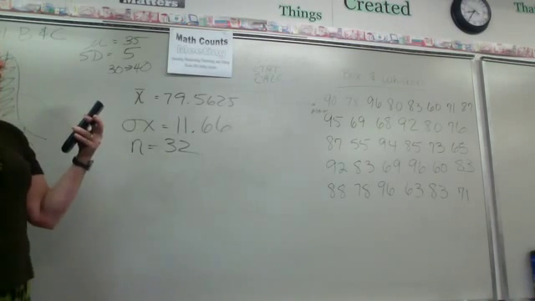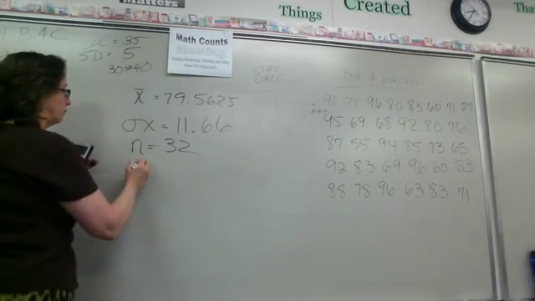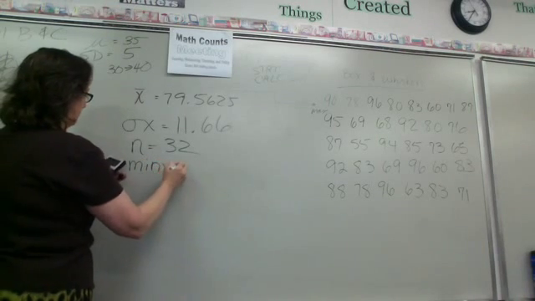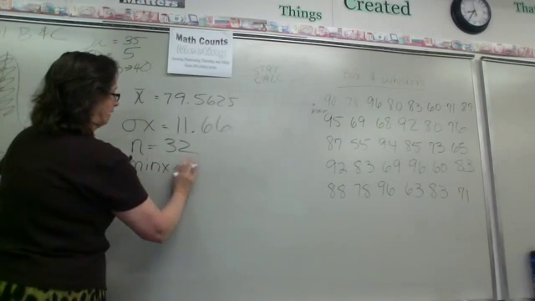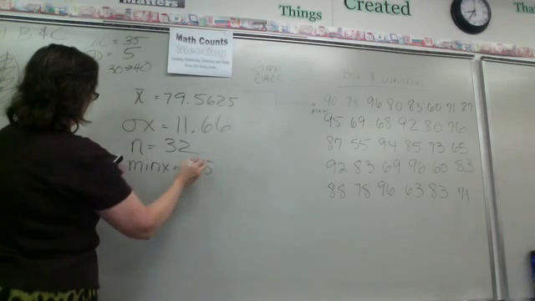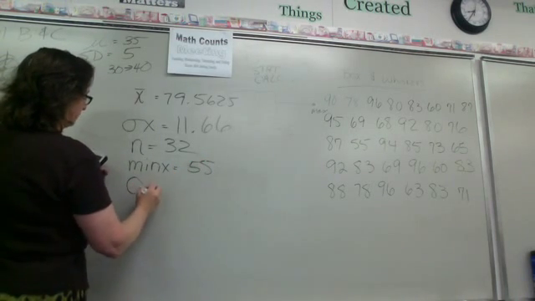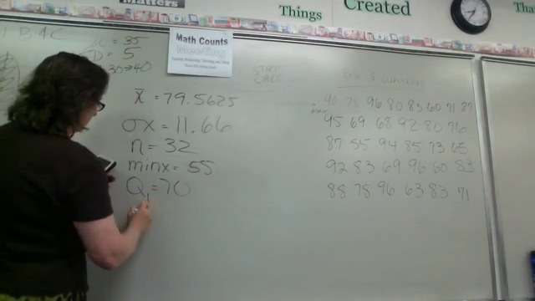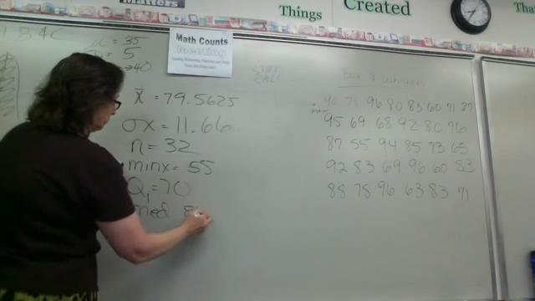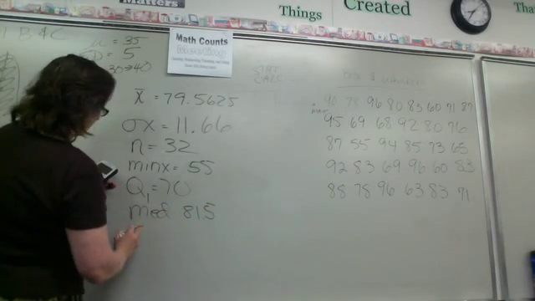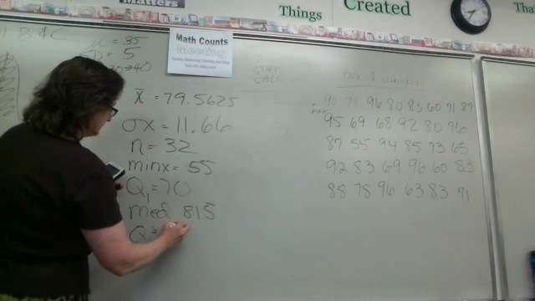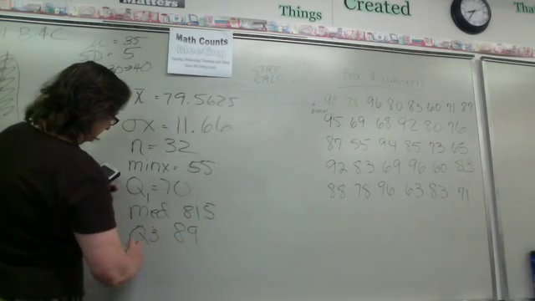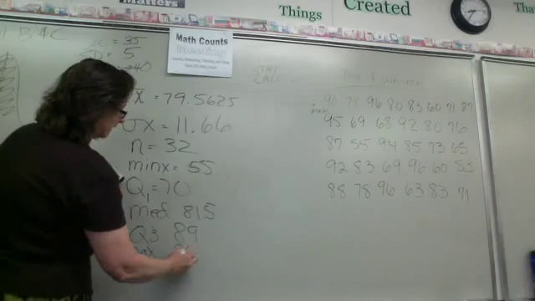Under the scroll down, they give you min of x is 55, quartile 1 is 70, median is 81.5, quartile 3 is 89, and max is 96.